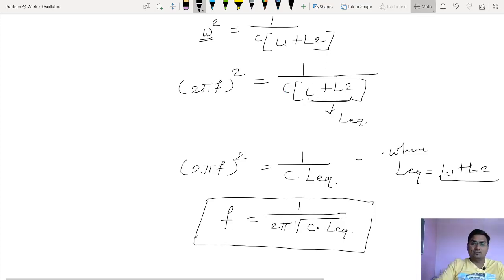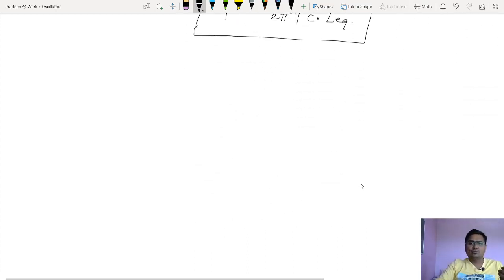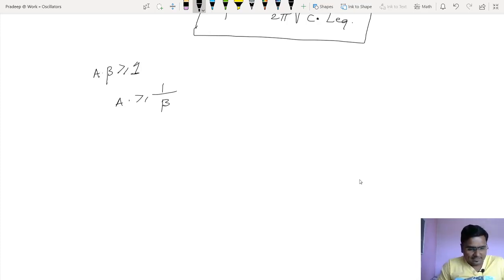So instead of telling things orally, let me have some analysis related to that gain also, because Barkhausen's criteria said that A multiplied by beta should be greater than or equal to 1, or simply A should be greater than 1 divided by beta. That's what Barkhausen's criteria is.